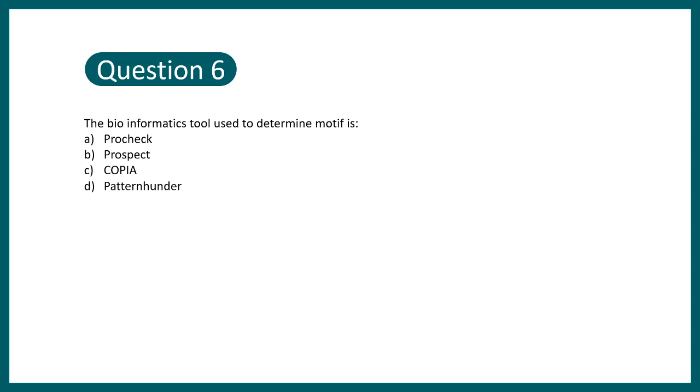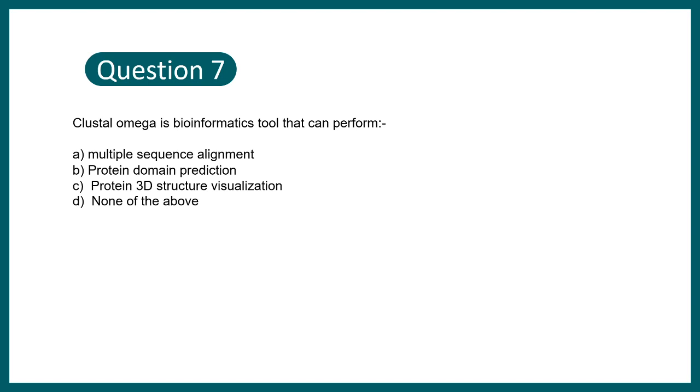So question number 6 says, the bioinformatics tool used to determine motif is ProCheck, Prospect, Copia, Pattern Hunter. This kind of questions are actually really common in our GATB examination, and these names are really important. So Copia is the correct answer.